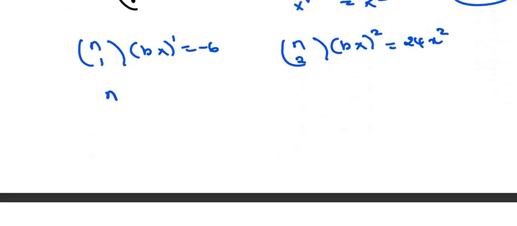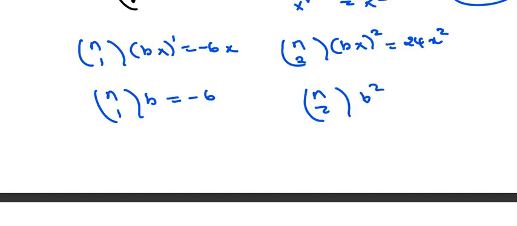That's going to be n choose 1 multiplying b is equal to negative 6. N choose 2 multiplying b squared is giving us a 24. Ignore the x parts. Just focus on everything else but not x. Yeah, so we have this.